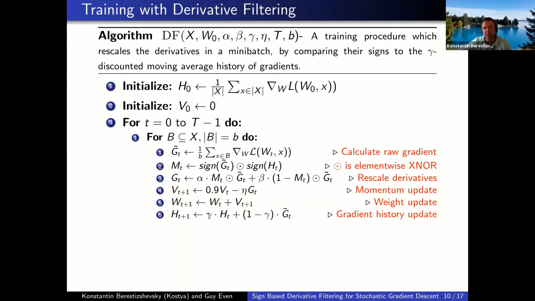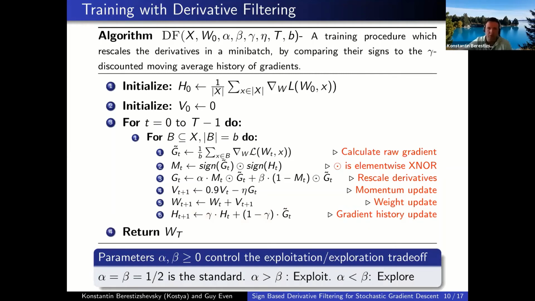Finally, I'm using some gamma factor, a discount factor, in order to maintain a moving average of the history of the gradients. This provides me this estimation of gradient descent direction. So what you need to take from here is that alpha and beta are the knobs using which I can increase or decrease the impact of the exploratory and the exploitational derivatives on the training process.